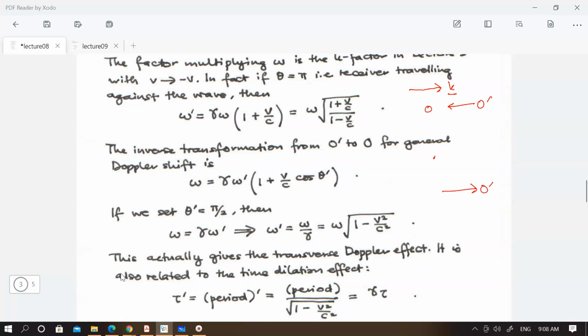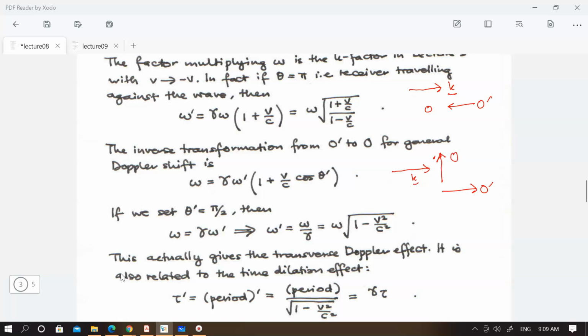Your O dash is moving, sorry, we can take O dash to be moving in the same direction as your light in this case, and then essentially your O is moving orthogonal to it.